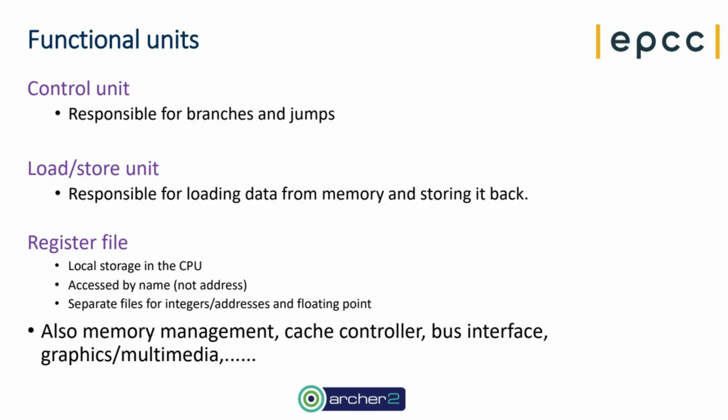And then typically modern processors have all sorts of other bits and pieces as well: memory management hardware, the cache controller, bus interfaces, potentially graphics and multimedia capabilities and all sorts of other stuff.